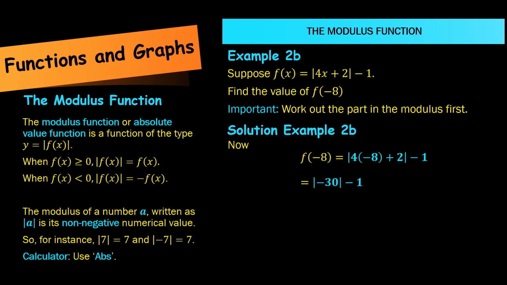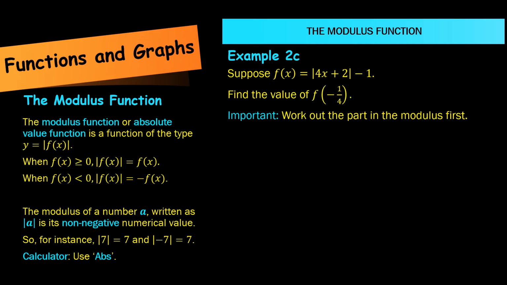And tidying up the bit in the modulus first gives us mod minus 30, and then minus 1 tagged on at the end. Now, since minus 30 in the modulus sign is negative, we need to make that positive. So we have 30 minus 1, as shown. And this is, of course, equal to 29.